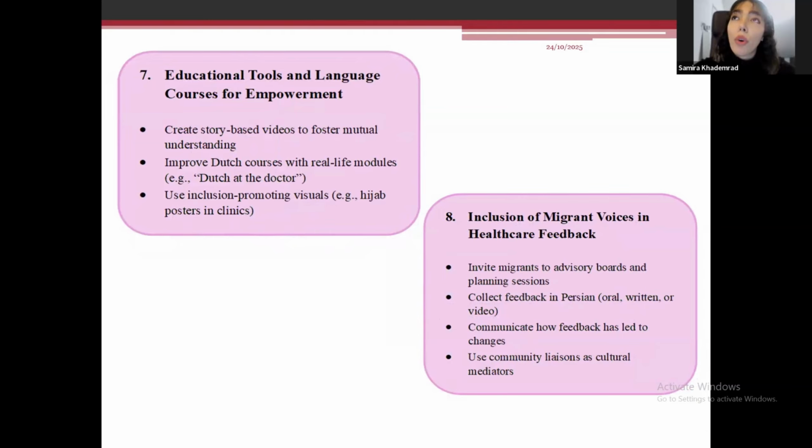This applies also for the formal caregivers, the hospital healthcare staff, because migrants expect them to have a basic understanding of their salient cultural values. They think it is linked to their well-being as a core of a healthy life. And number 8, last but not least, inclusion of migrant voices in healthcare feedback.